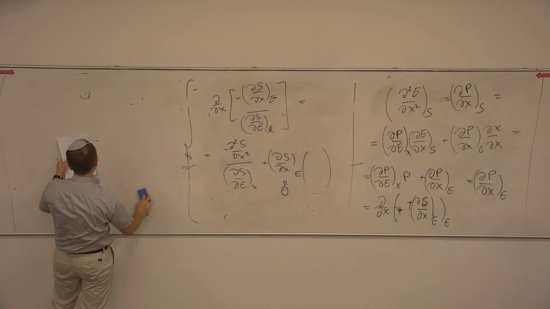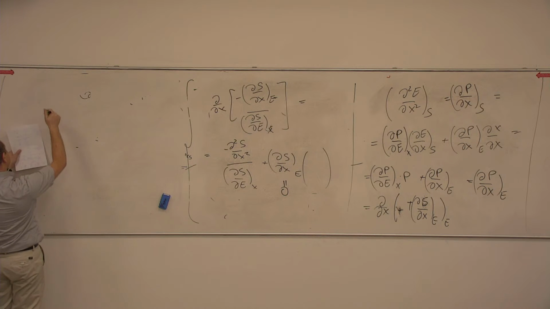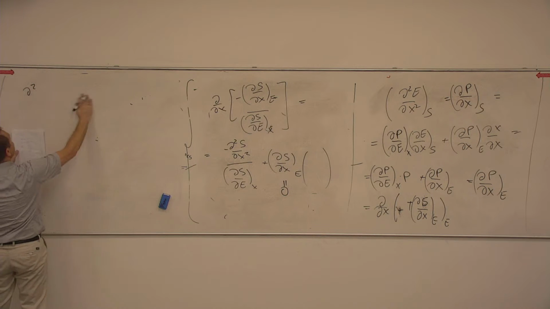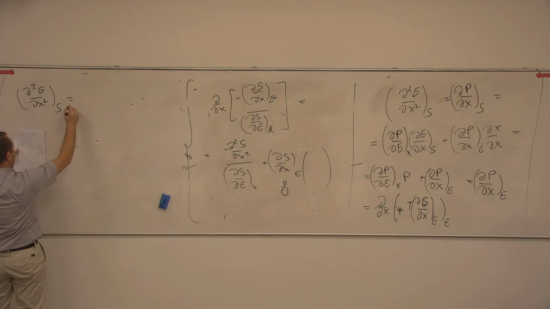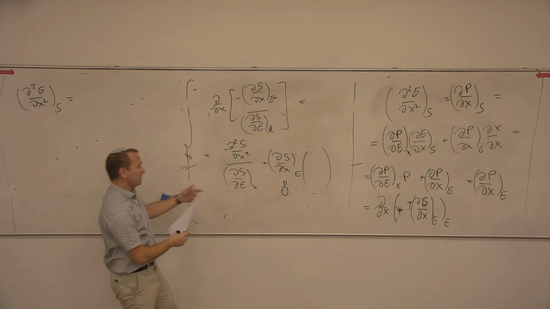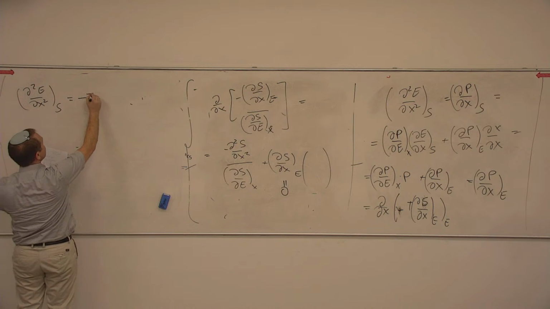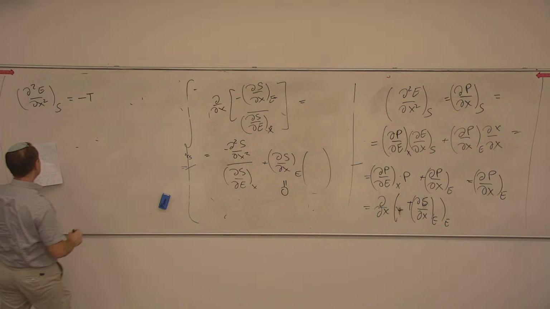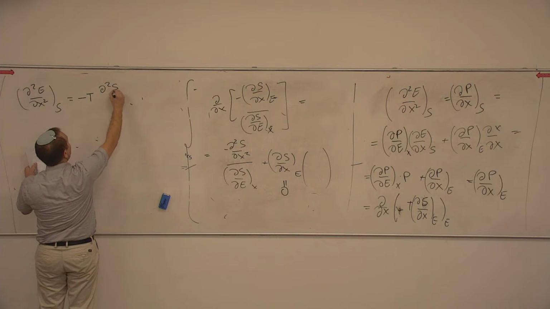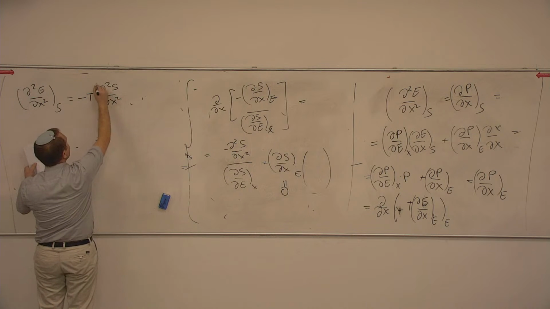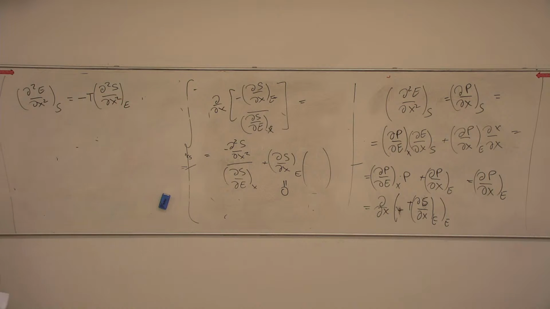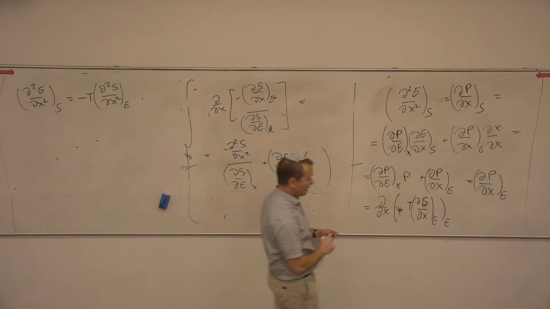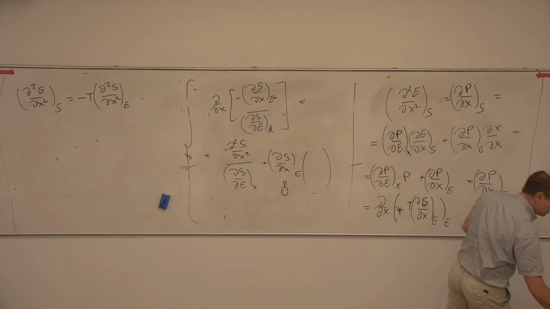So eventually we're getting that d squared E to dx squared at constant S equals, this guy is 1 over T, so this is minus T multiplied by d squared S to dx squared of E. What is d squared S by dx squared?